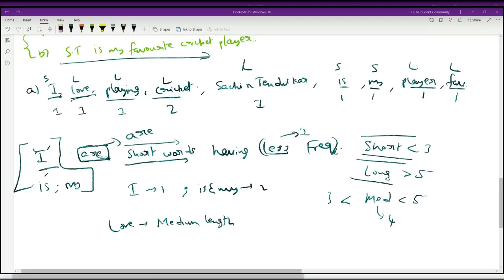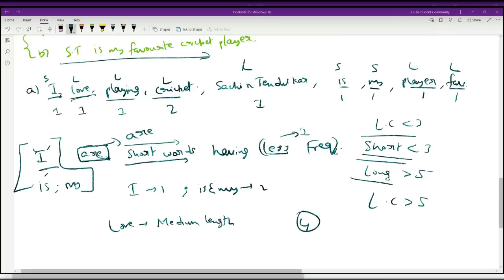We considered the words to be short if they had a letter count less than 3, and long if they had a letter count greater than 5. So there's a gap between 3 and 5, which is 4, right? So what about the words having a letter count 4? Should we place them in short or long?